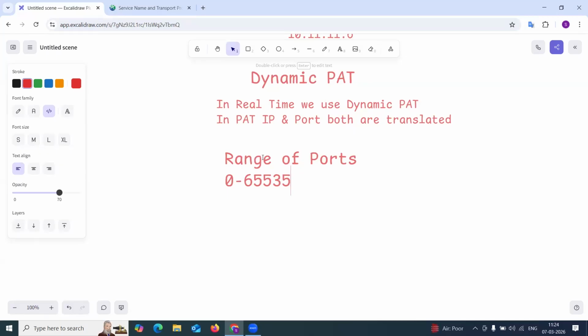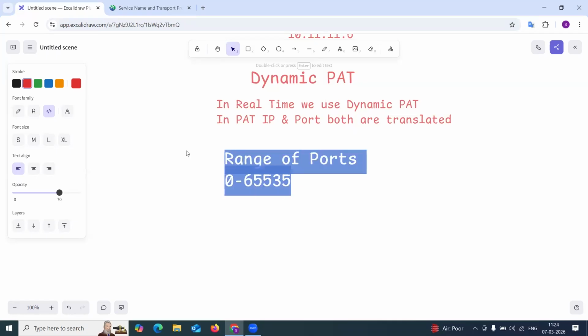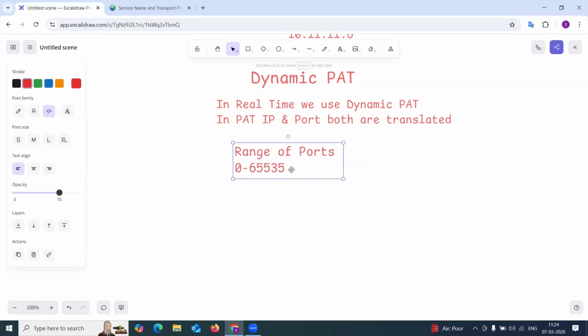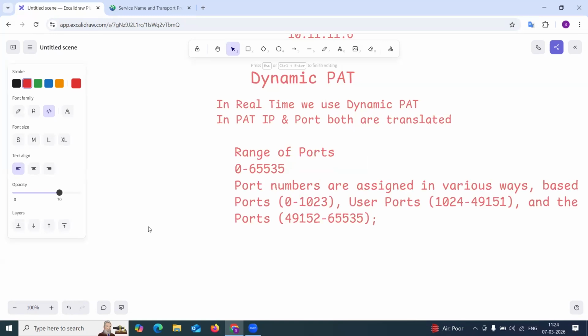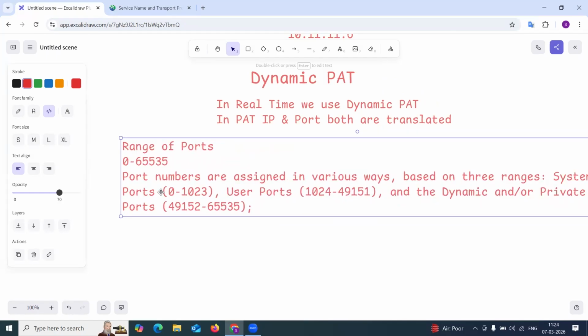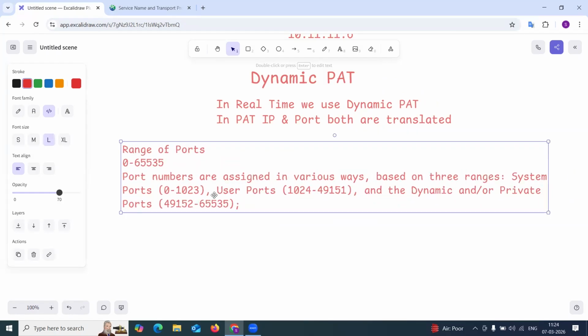That's basically a range of port numbers. Okay.